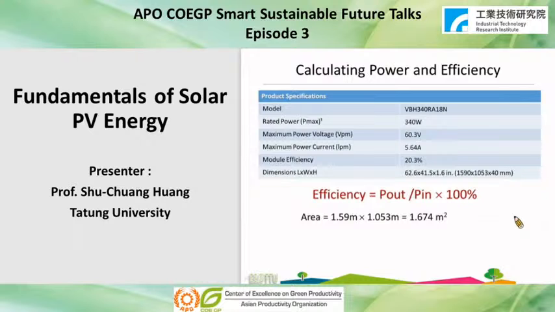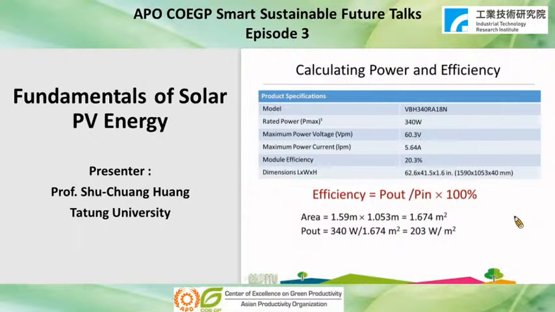So to get the number, first of all, we need to figure out the area of the solar module. And here in this table, we have the dimensions. So you have the length and width. So the overall area is 0.674 square meter.